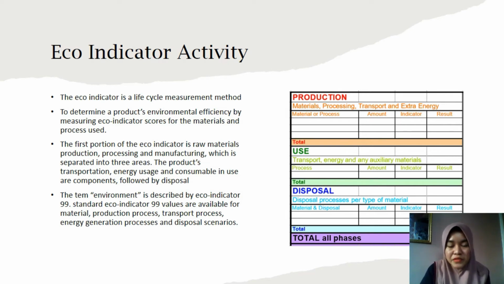The item's environmental impact is described by Eco-Indicator 99. Standard Eco-Indicator 99 values are available for material, production process, transport process, energy generation processes, and disposal scenarios. That's all from me to explain about the methodology for the iron box product.